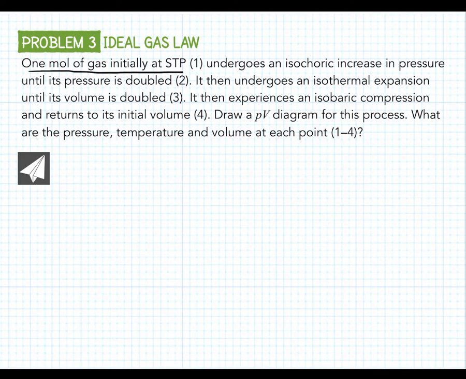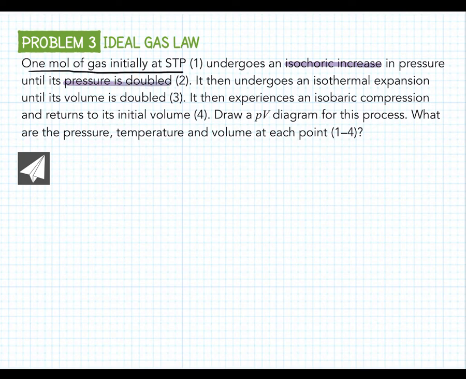Now we have these numbered processes. From step 1 to step 2, we're undergoing an isochoric increase, which means the volume stays the same, but the pressure is increasing, and we're doubling the pressure.